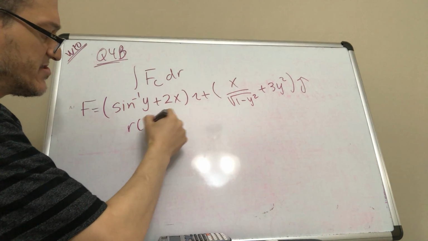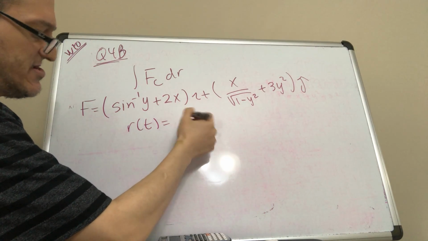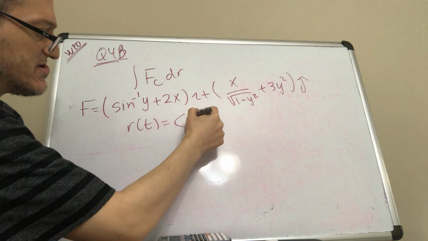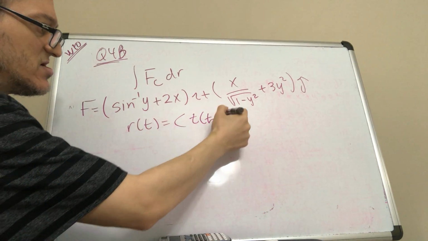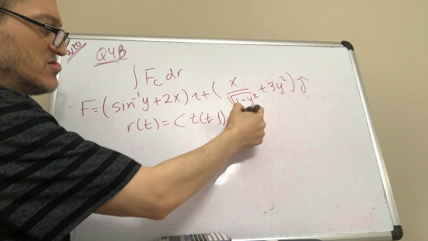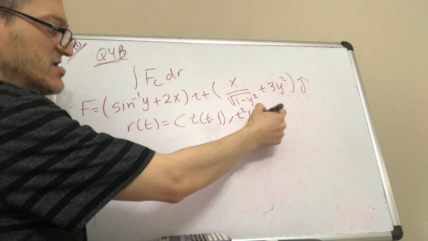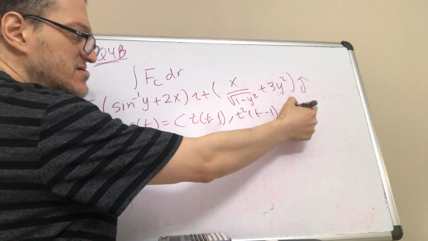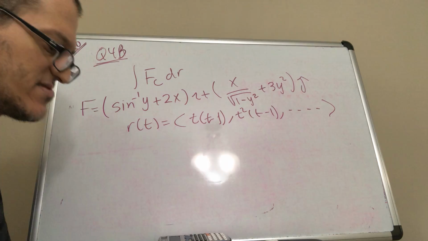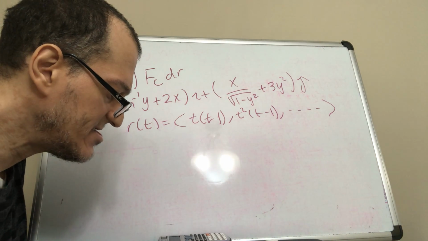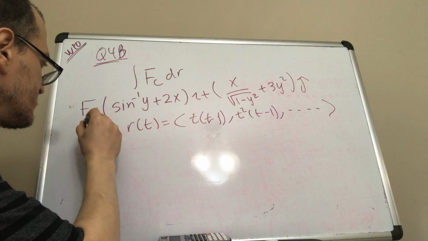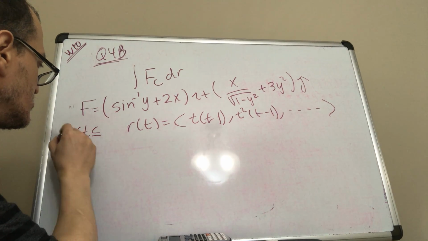You were also given the curve. I didn't write it down, but the curve was something like t and t minus 1 to some power, for t between 0 and 1.